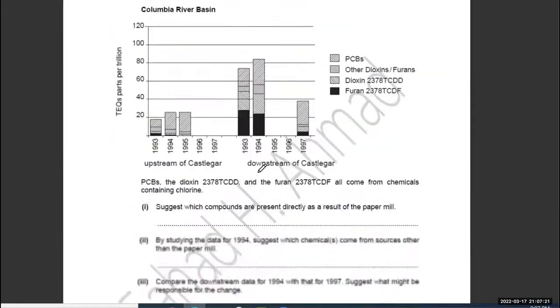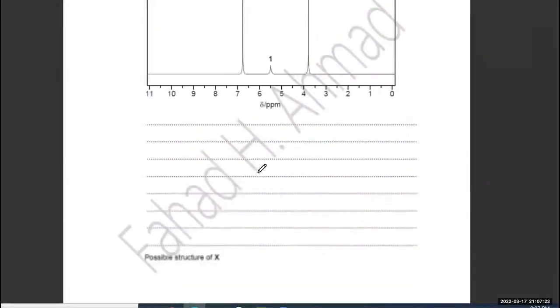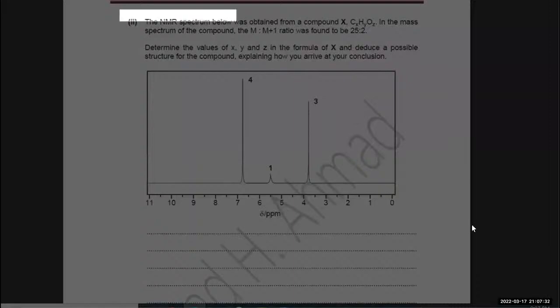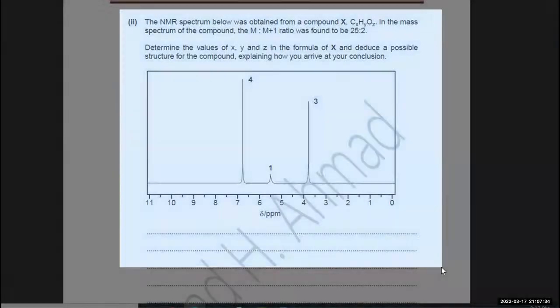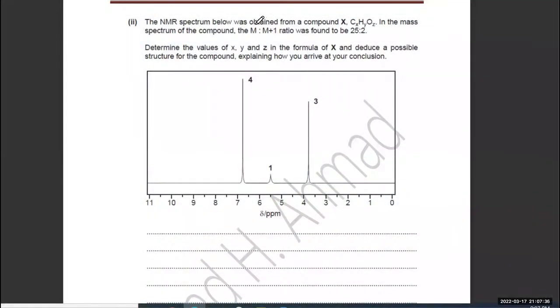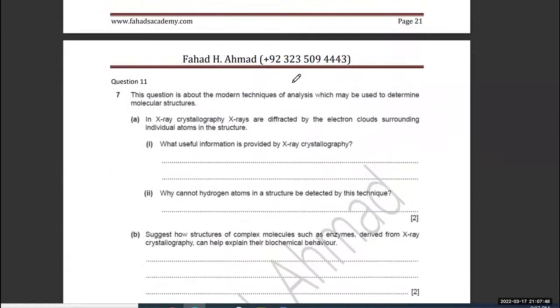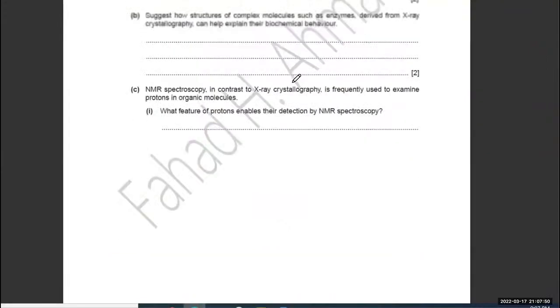Sir, can you also send this worksheet on the group? Okay, I'm going to send this. Try attempting this one. They've given you the M to M+1 ratio, so you can figure out the number of carbon atoms. The number of hydrogens is 7, right?